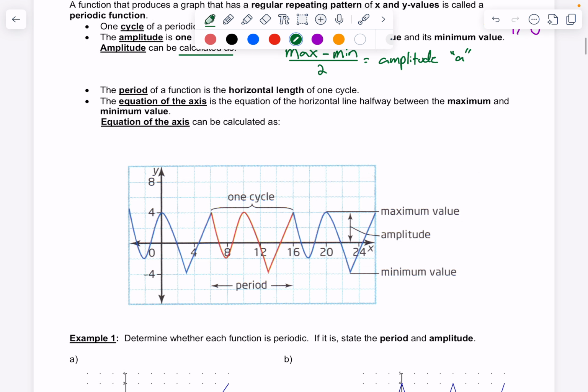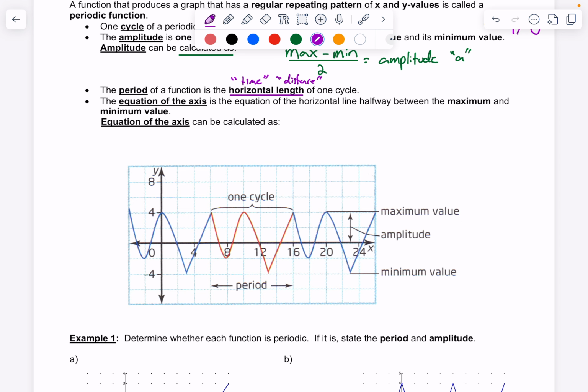The period of a function is the horizontal length of one cycle. Horizontal length, or a really common one when we start doing word problems is the time it takes. It could be time in word problems, or, as it says, distance, like horizontal length.